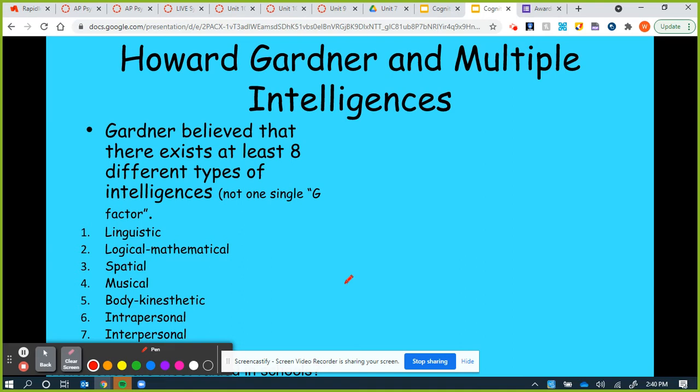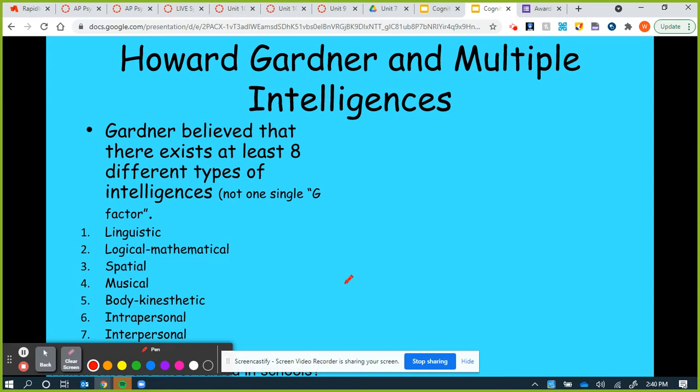So people that are artists, architects, athletes, all these things would have high spatial intelligence. Musical, obviously having good rhythm. Body kinesthetic, having good body control. So athletes would have high body kinesthetic intelligence.